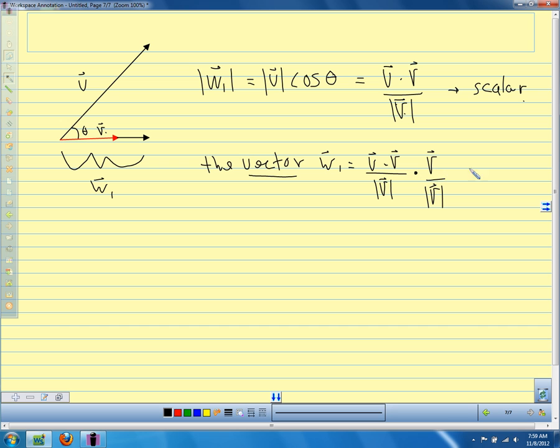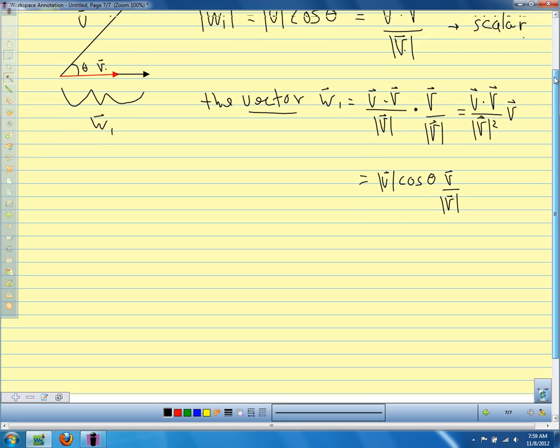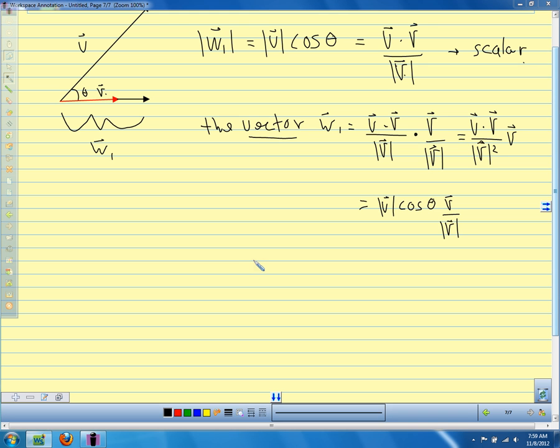And the way that you'll often see this written is U dot V over the length of V squared times V. And this is also, going back to here, the length of U times cosine theta times V over the length of V. This is our magnitude, and this is the unit vector in the direction of V. So just to tie the two representations together, the way you'll see it in your math books, I don't think you see the projection terminology much except in physics.